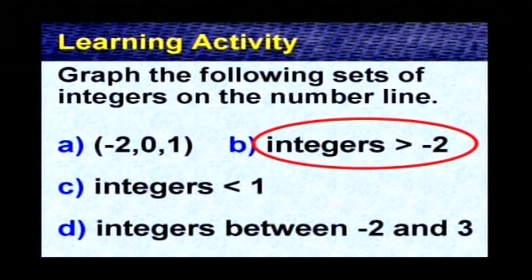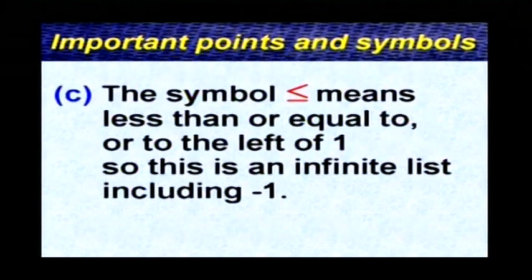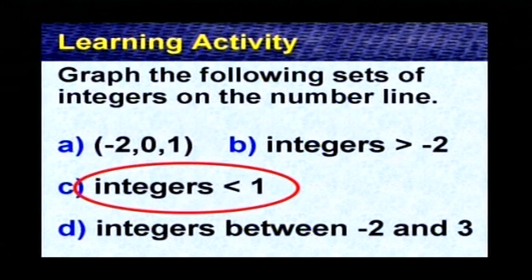This point refers to exercise B. C, the symbol means less than or equal to or to the left of 1. So this is an infinite list including -1. This point refers to learning activity C.